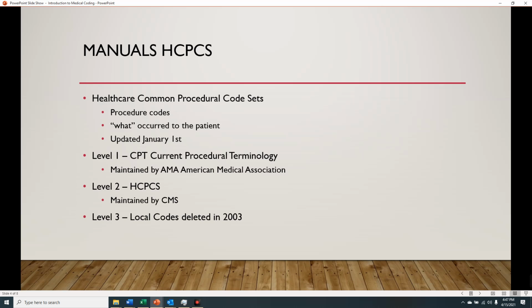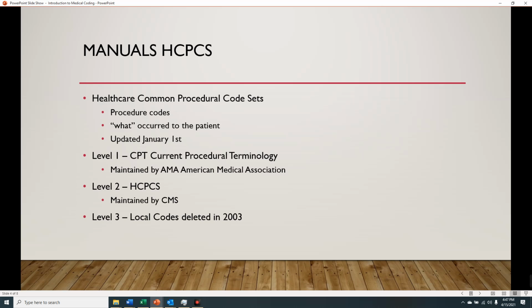And we have a couple of different levels. There used to be 3, but there's now only 2. So if you ever hear a level 3 HCPCS code, it's something from way back in the 1990s, early 2000s, that were used. They were called local codes.